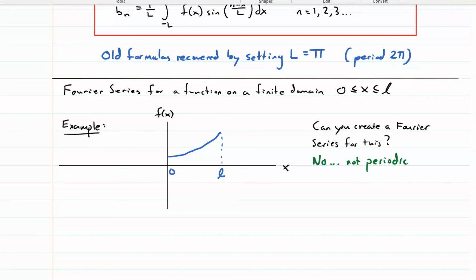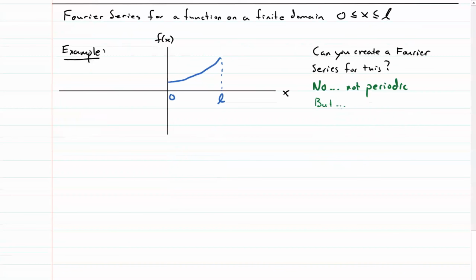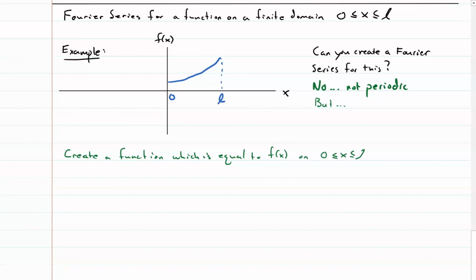So the idea is you can create a function which is equal to f of x on that domain, 0 less than or equal to x less than or equal to the small l, and then is periodic outside of it.